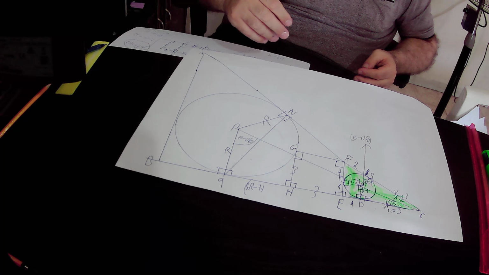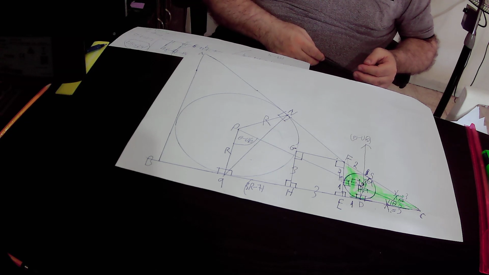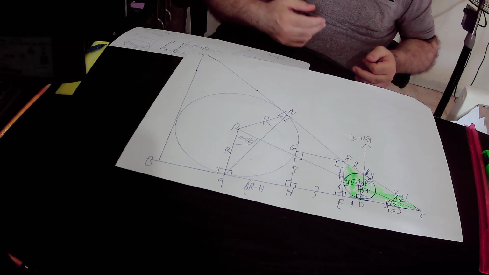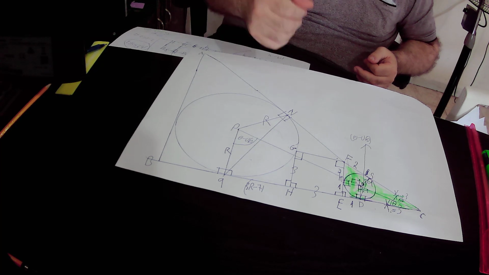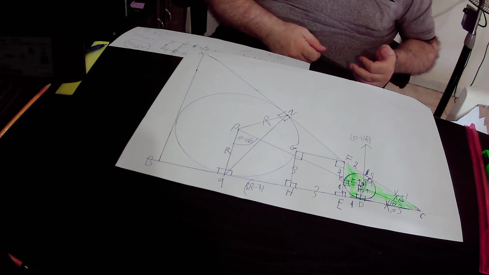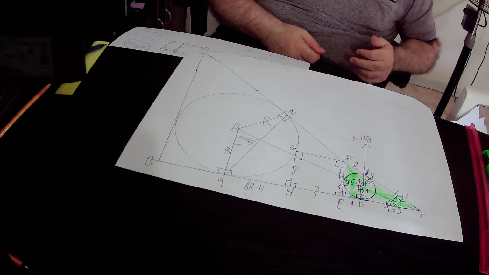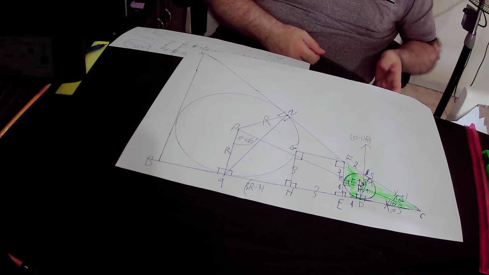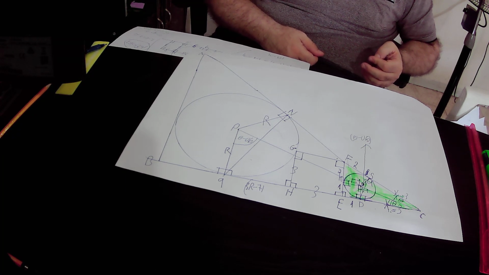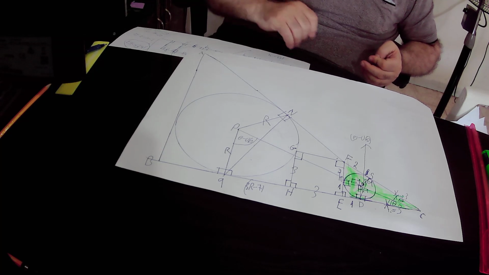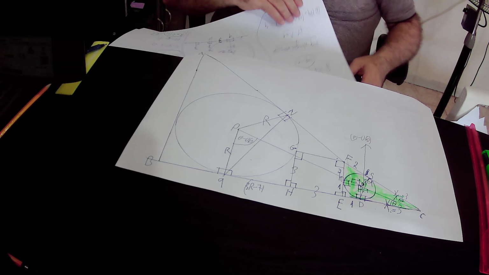The second case is that R equals 3 units, and the third case is that R is greater than 3 units. So we'll examine each case and find out which is the correct case for our drawing, our question.